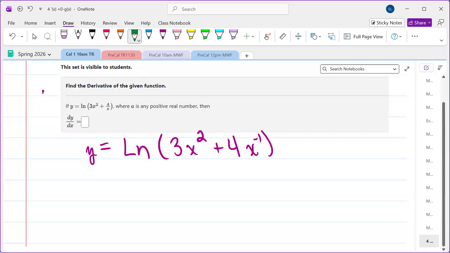All right, so now we're going to take the derivative. So the derivative of natural log of ugly is 1 over ugly times the derivative of ugly. So 1 over, copy what's inside exactly as it appears.